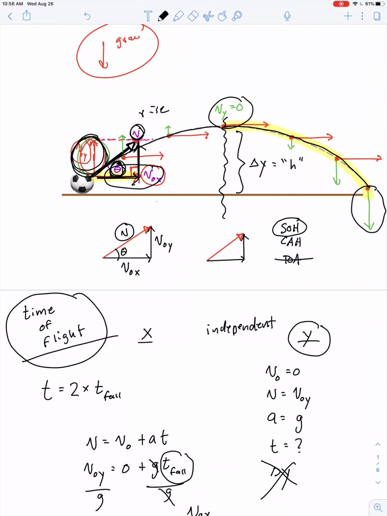So let's write that out a little more clearly. The sine of this angle theta should be equal to opposite over hypotenuse. So this should be equal to the initial vertical speed divided by the true total speed. And likewise, cosine equals adjacent over hypotenuse. So cosine theta is equal to adjacent over hypotenuse.